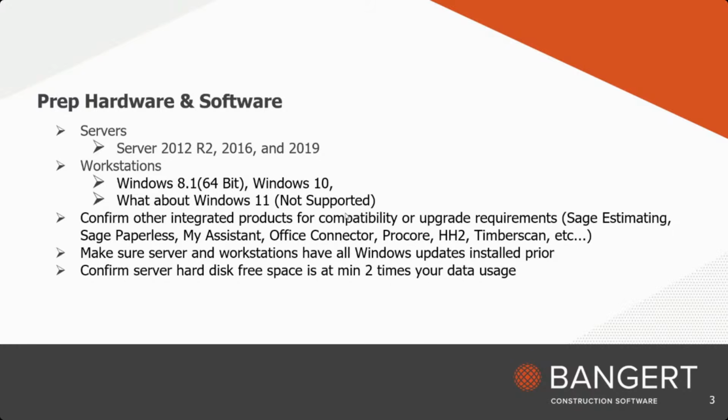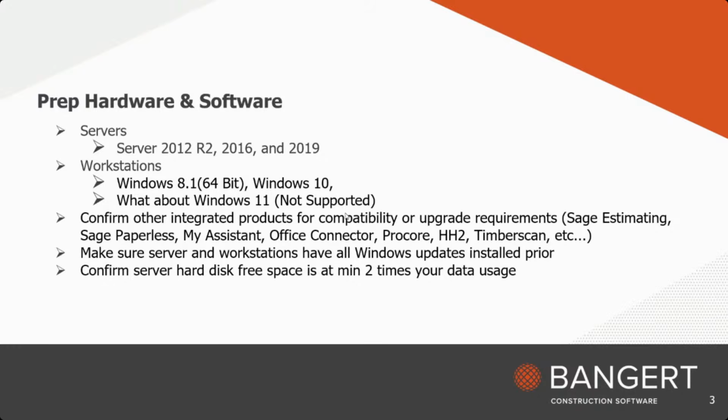So when you think to prepare for that upgrade, try to make sure that none of your workstations are on Windows 11. There's some known issues. There's no guarantee any particular function will work. So try not to update to Windows 11 if you can. For the most part, your servers should be fine. There hasn't been a new version of Windows Server released.